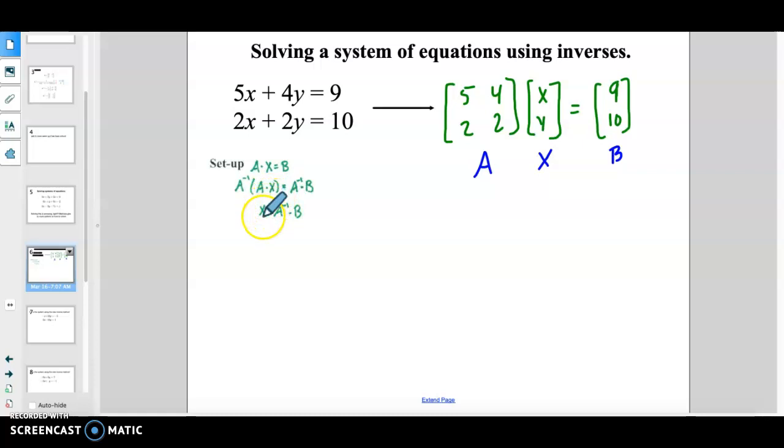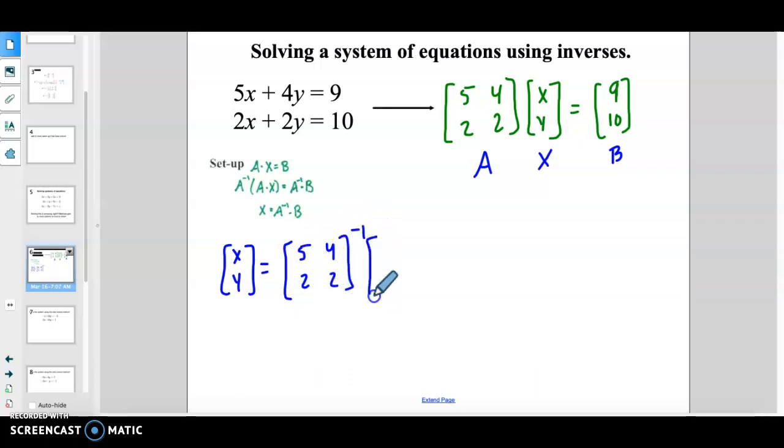Now we've just got X on this side, and on the right side we've got the inverse of A times B. So X, Y equals the inverse of matrix A times B.